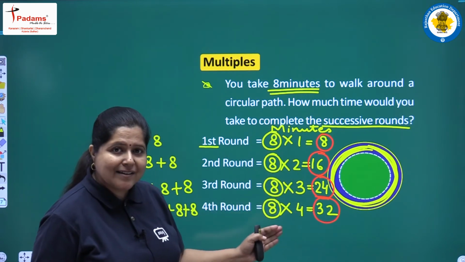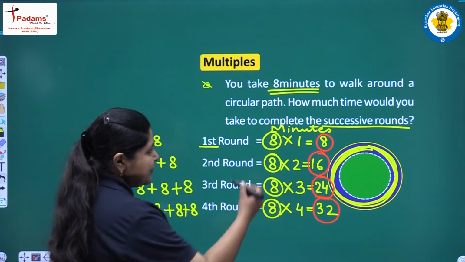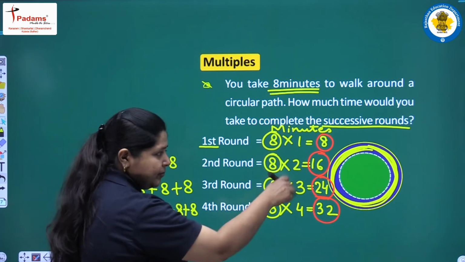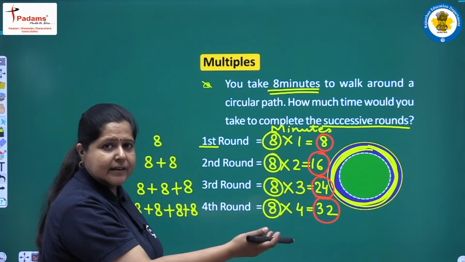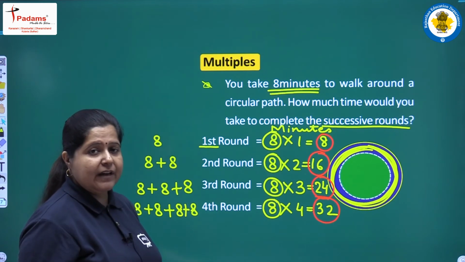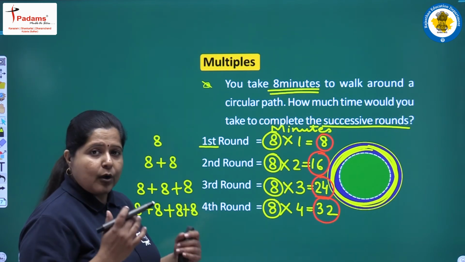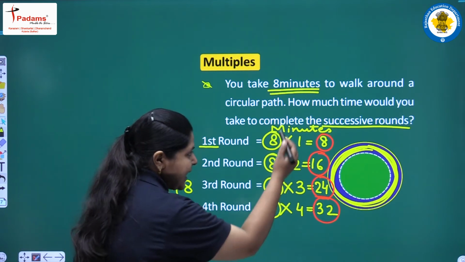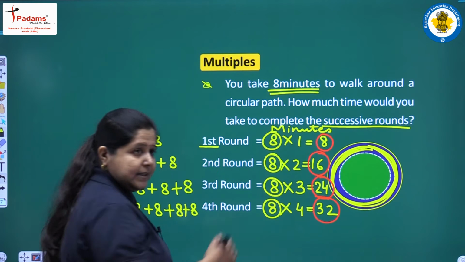What is that connection? Just see that we are getting these numbers when we multiply 8 by any other number. It can be any other number. Here they are 1, 2, 3, 4, we can multiply by 5 also, 6 also, 7 also. So the other numbers we are multiplying by 8, and then we are getting these numbers.